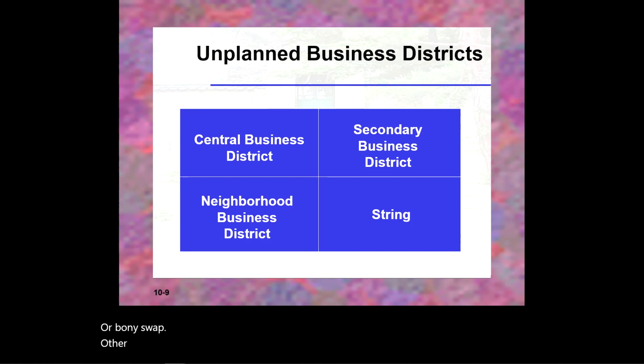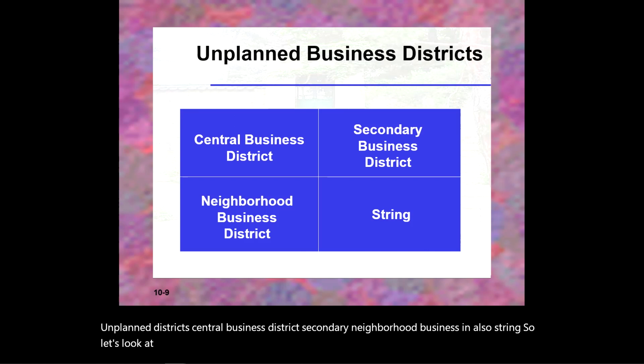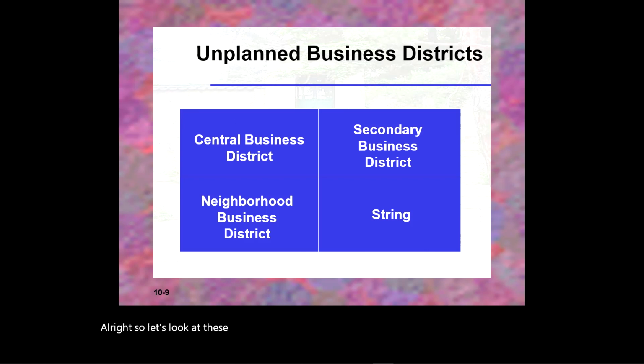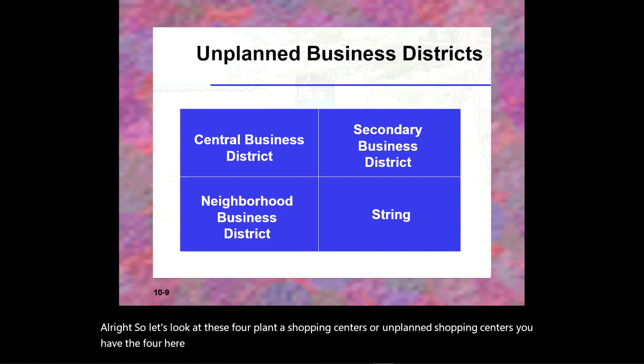Unplanned districts: central business district, secondary business district, neighborhood business district, and also string. So let's look at disadvantages and advantages. All right, so let's look at these 4 unplanned shopping areas. Certainly, the neighborhood business district is easy.